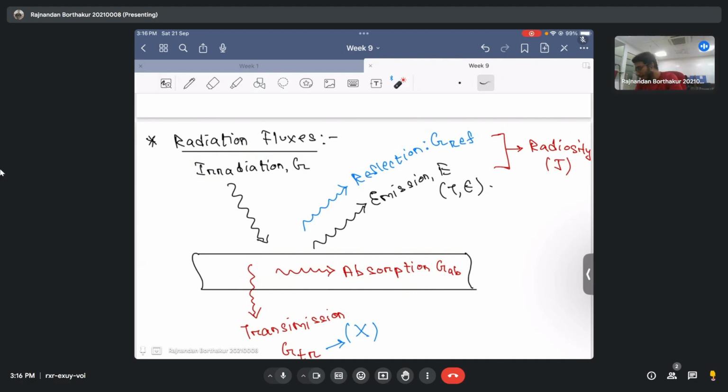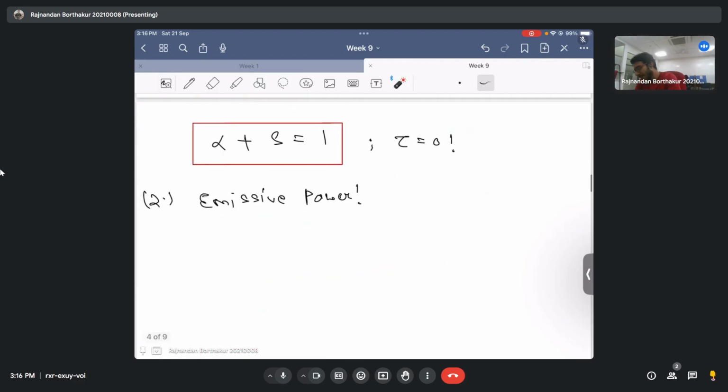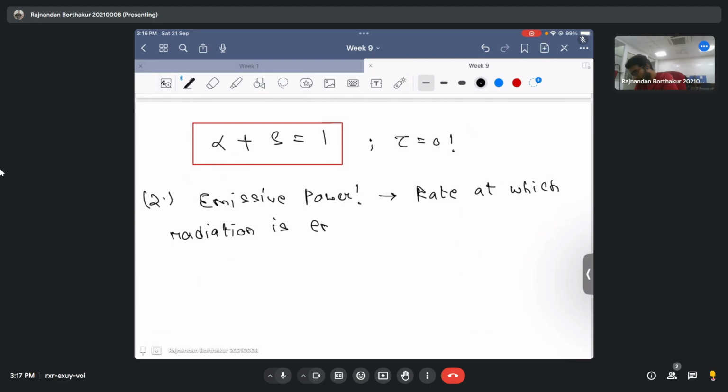That's why the emissive power, the second flux that we are considering, is the rate at which radiation is emitted from a surface per unit area.